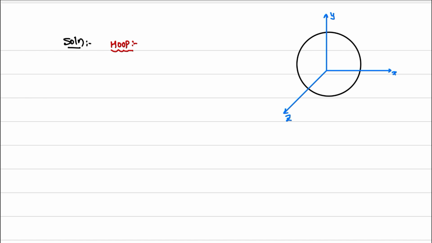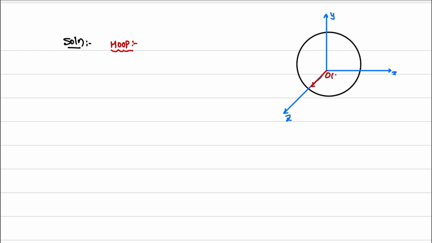Moment of inertia of the hoop about the axis passing through its center and perpendicular to the xy plane. The z axis is perpendicular to the xy plane. Please try to understand.